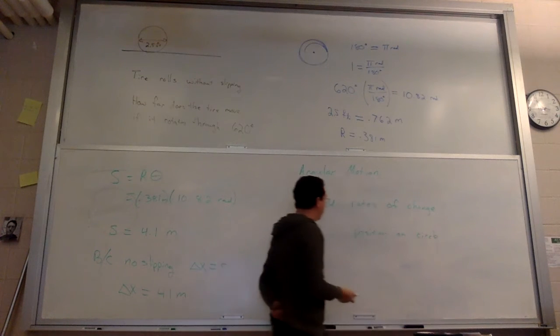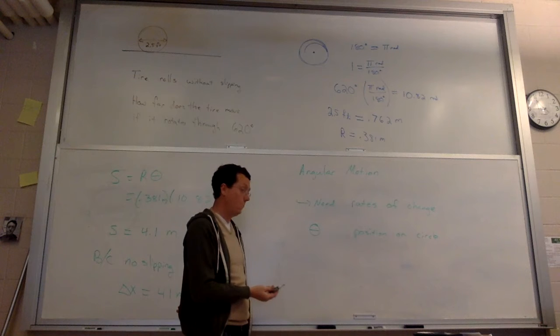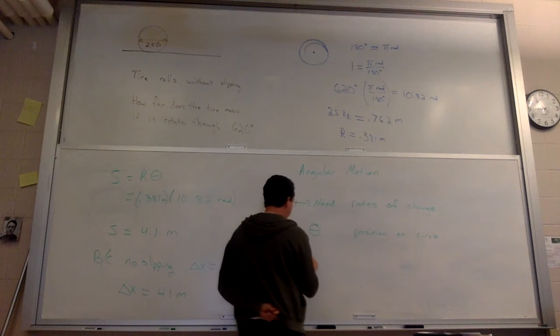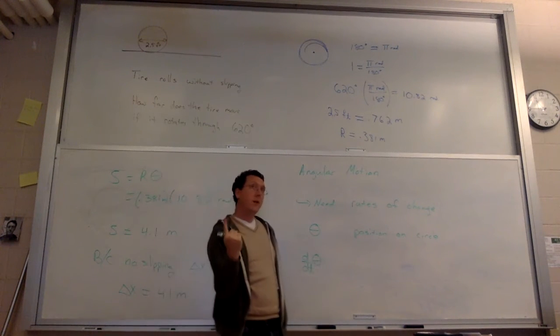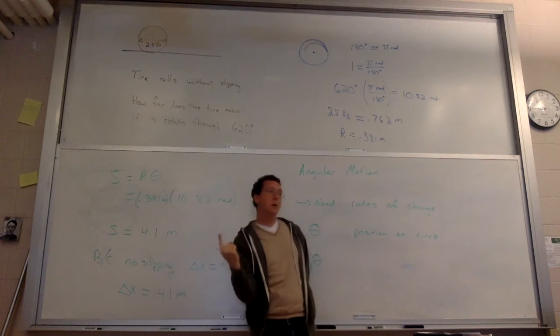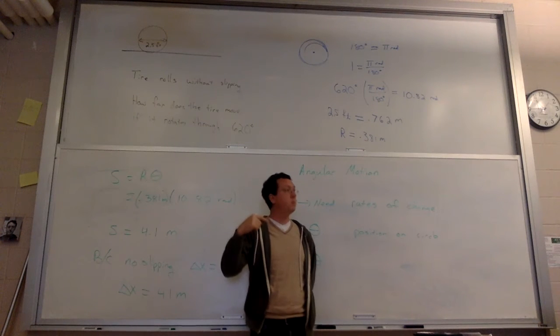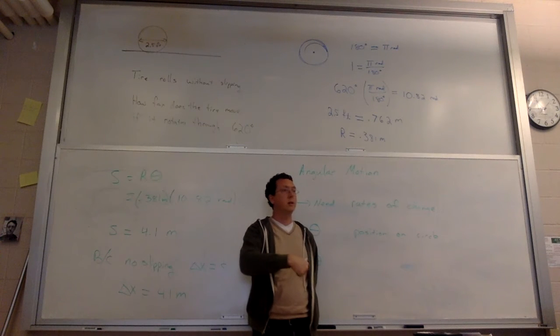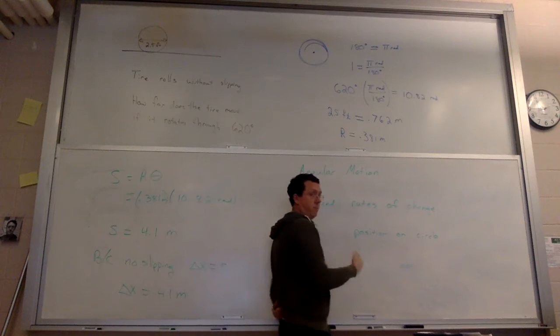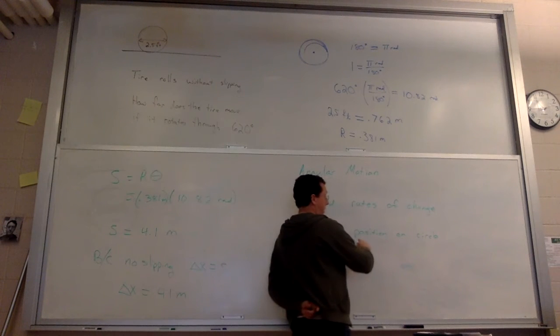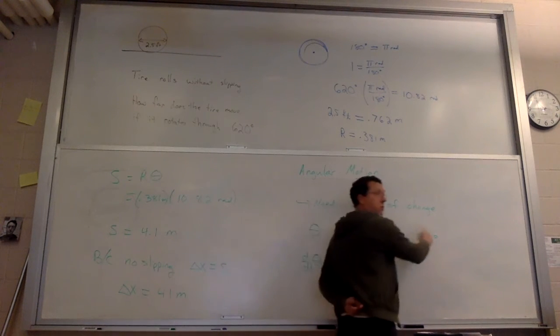Right? That's what an angle would tell us. If I take a time derivative of it, what would that mean? It tells how many radians per second we're changing, right? So it's like a rate of change of the position on the circle.